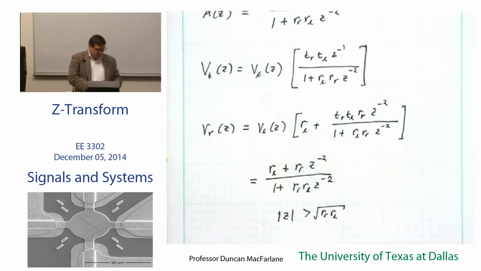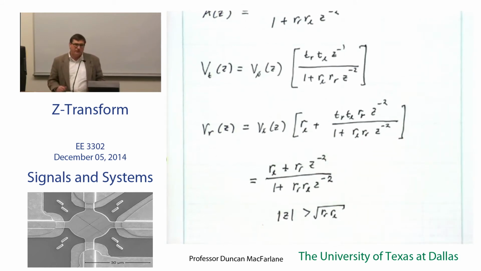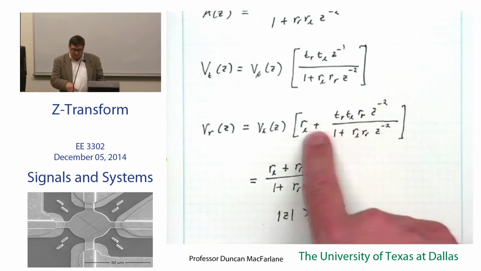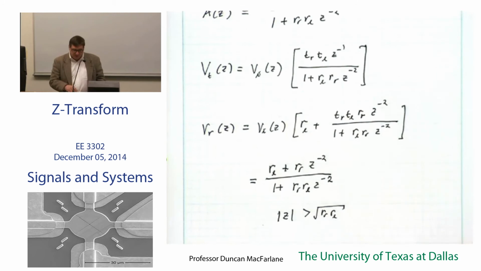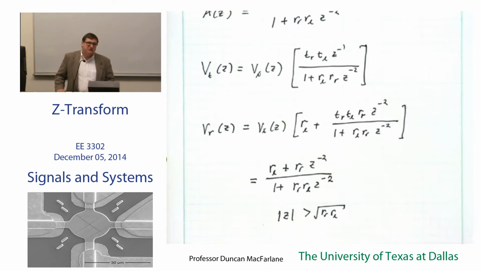Once you have these transfer functions, you can write the difference equations for them. We've probably done enough of that, so we don't really have to go too much more into that. You can write these in a parallel form, but you can also write them in cascade form as well. The interesting thing about that is it has the same transfer function, but it's not the same device, right?